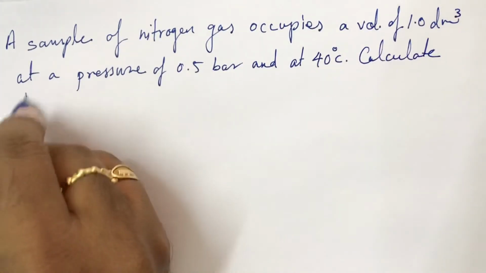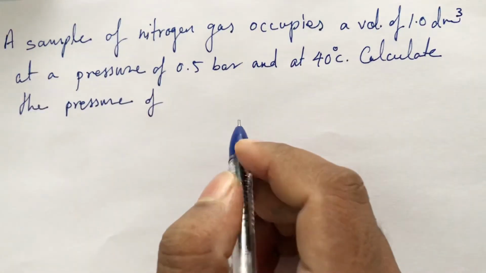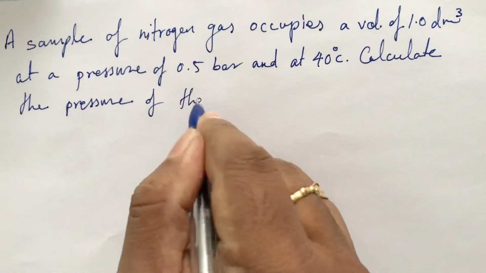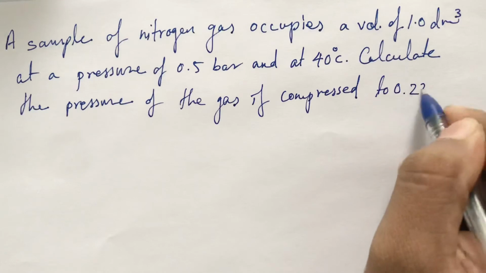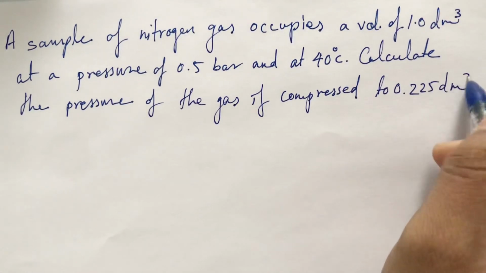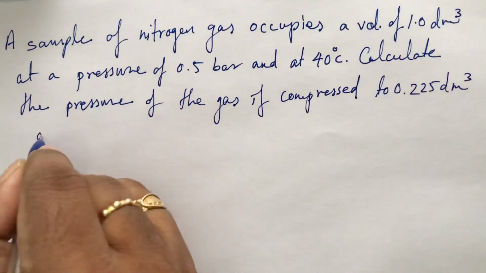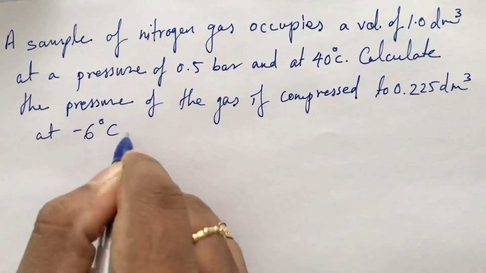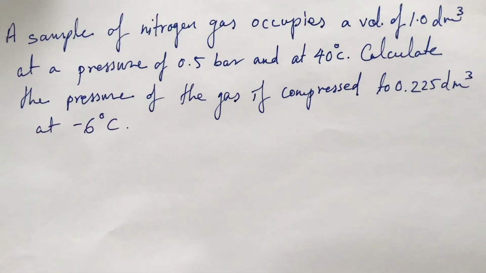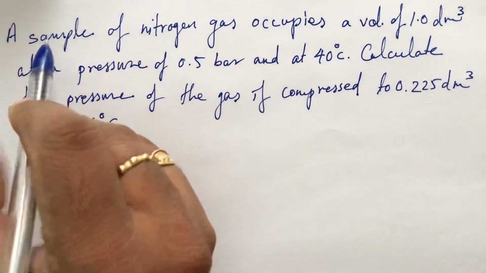Calculate the pressure of the gas if compressed to 0.225 dm cube at minus 6 degrees Celsius. Okay, children, let me read the question once again.